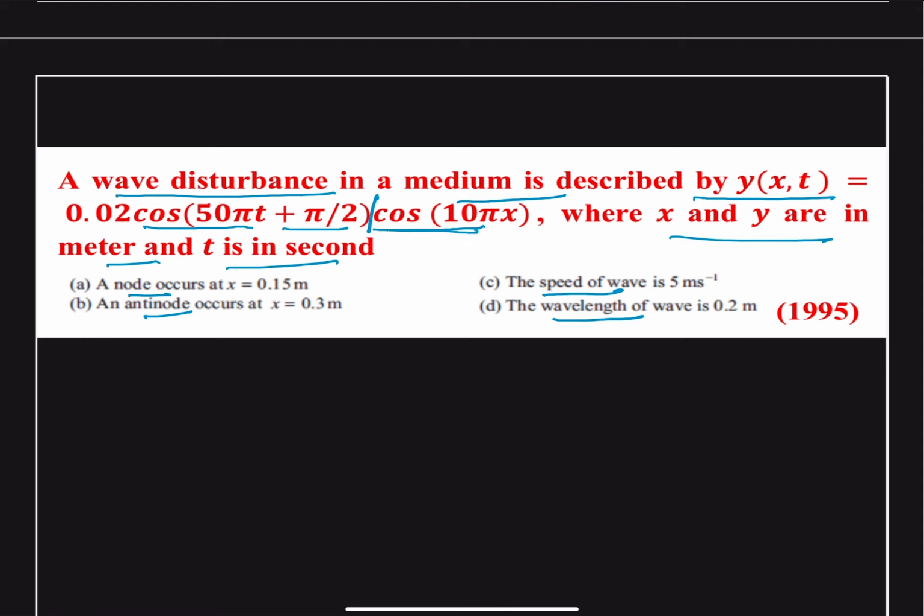The part cos of 10 pi x is called the spatial component, it represents the space dependent part, whereas the first part, cos of (50 pi t plus pi by 2), represents the time dependent part. We are going to use the two parts independently and find out the speed and wavelength, along with the positions of the nodes as well as antinodes. So we are going to start with the given equation.